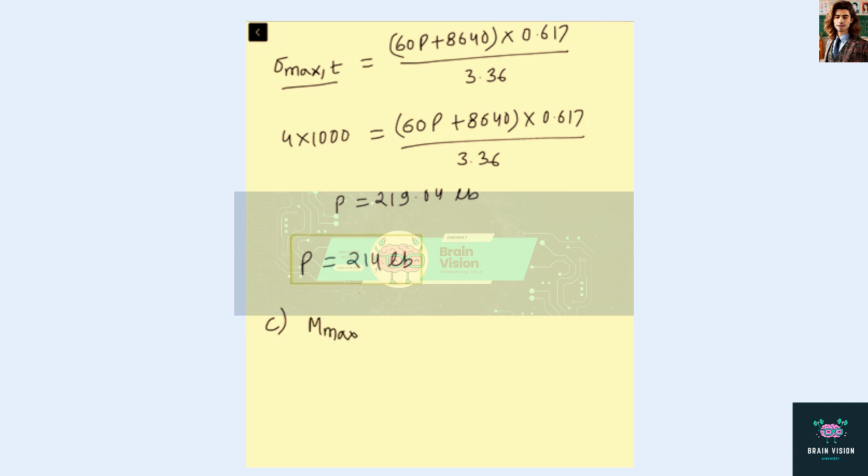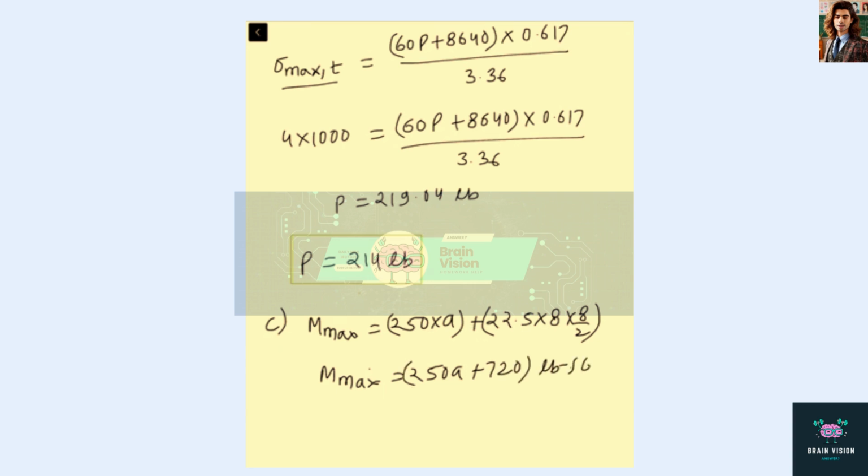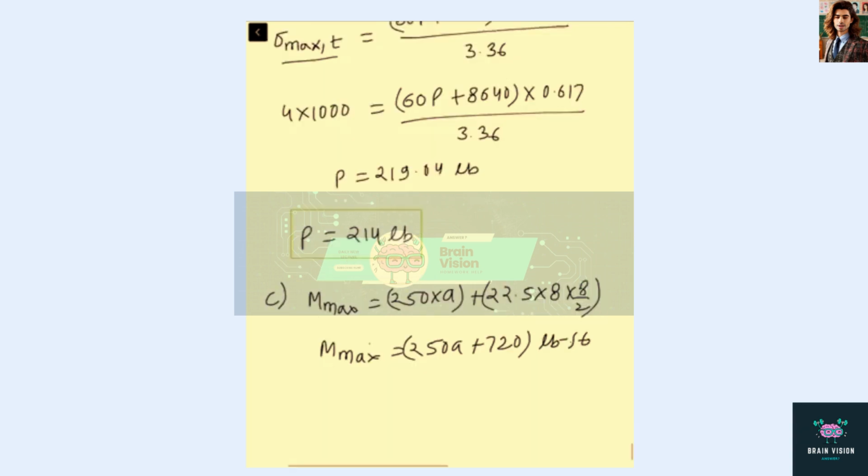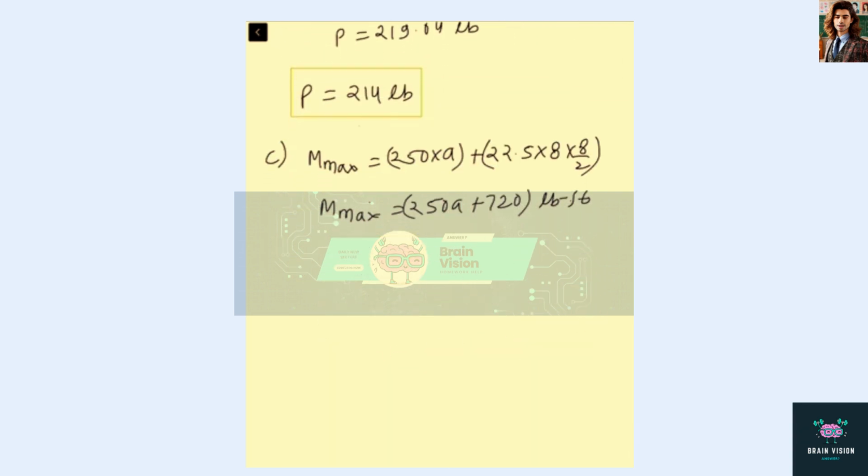Okay, now moving to part C. So the maximum bending moment for the cantilever beam about point A, for this condition Mmax will be equal to 250 multiplied by a plus 22.5 multiplied by 8 multiplied by 8 by 2. So Mmax will be equal to 250a plus 720 lb feet.